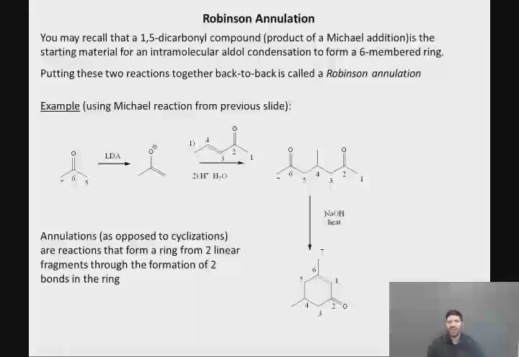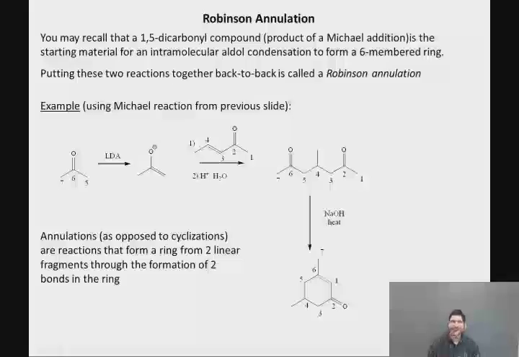And remember from the discussion of the intramolecular aldol reaction that in this case, if you were to deprotonate carbon 3, that would be the thermodynamic enolate, but carbon 3 would never add to carbon 6 because that would form a 4-membered ring rather than a 6-membered ring.